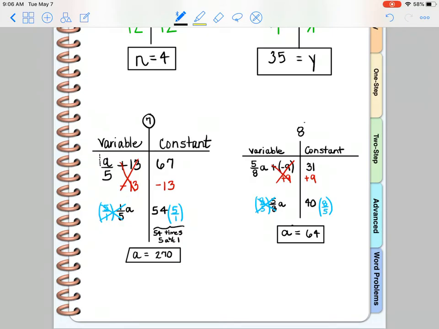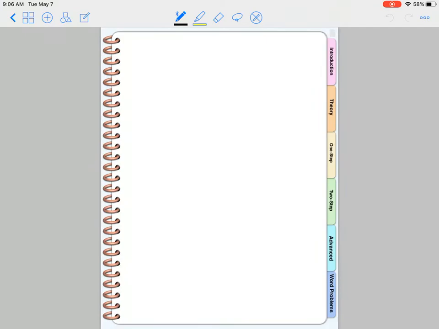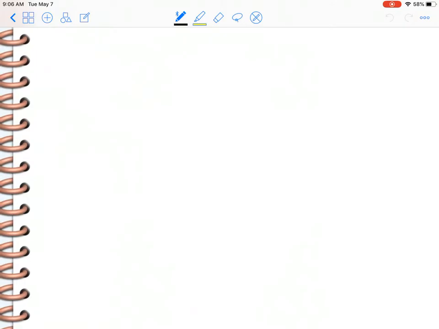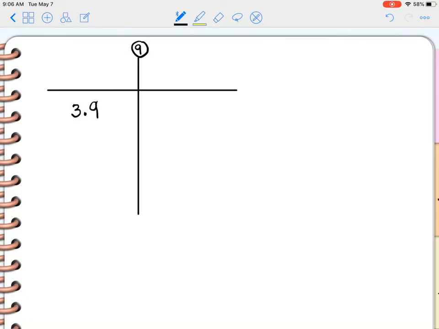And I'm going to need a new page. All right, number 9. 3.9 equals 6.9 plus 0.2z.